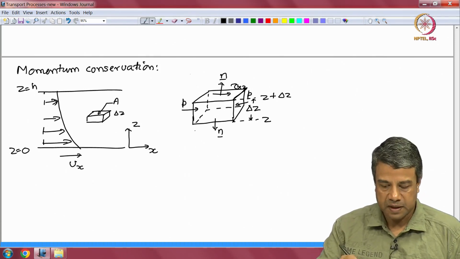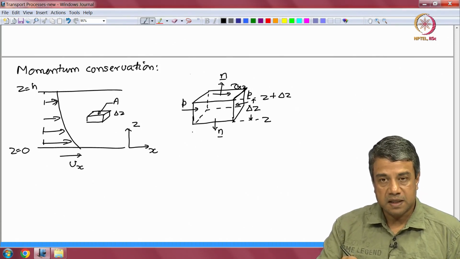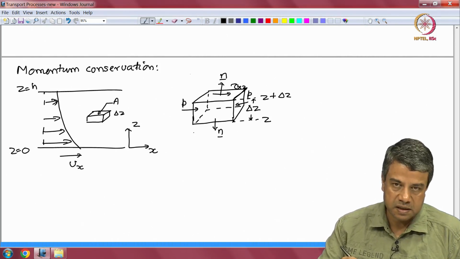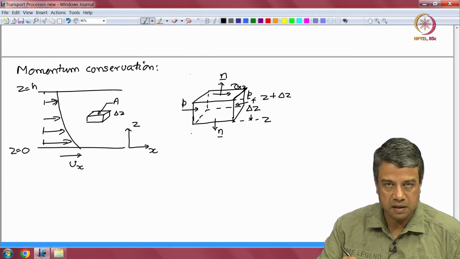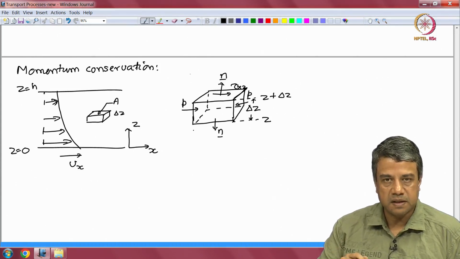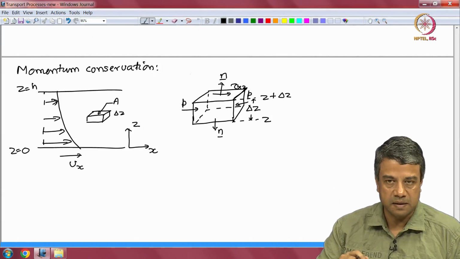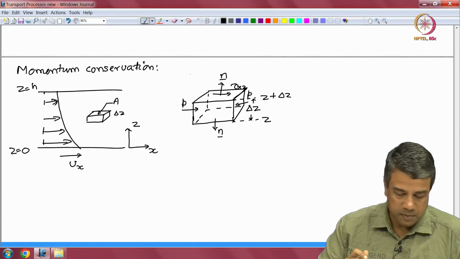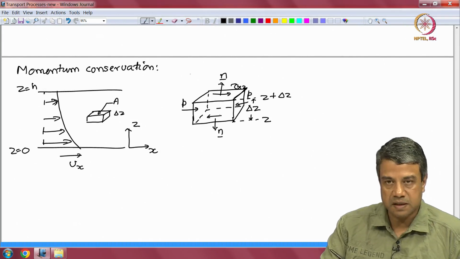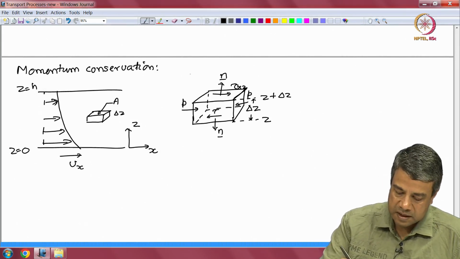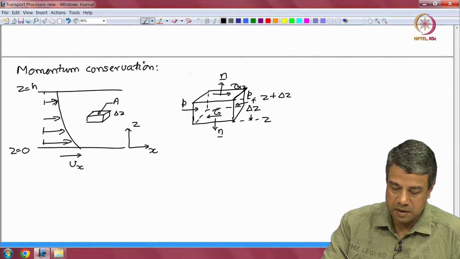Tau x z is defined as the force per unit area in the x direction acting at a surface whose outward unit normal is in the z direction. At the top surface the outward unit normal is in the z direction. Therefore, the force acting in the x direction is tau x z. At the bottom surface the outward normal is in the minus z direction. Therefore, the force acting in the minus x direction is going to be tau x z.